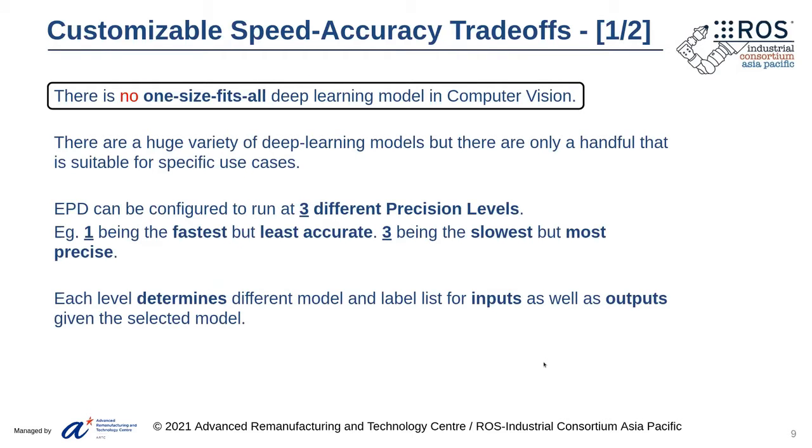And other than the different use cases that this EPD model caters to, the models also vary in terms of how precise it can be. You don't have just one size fits all kind of model in computer vision. There is a clear distinction between general AI and then specialized AI.